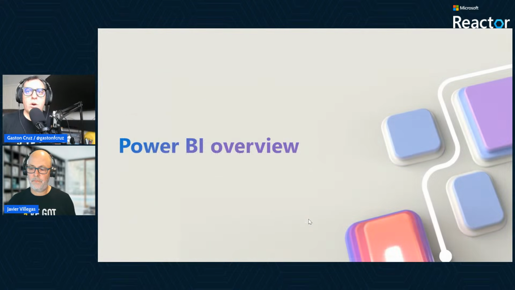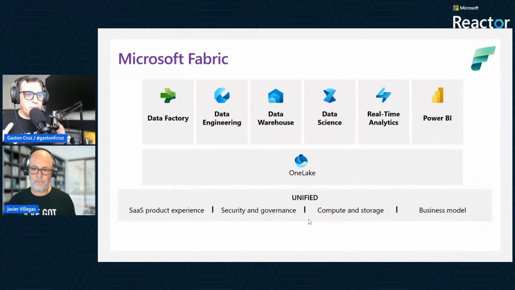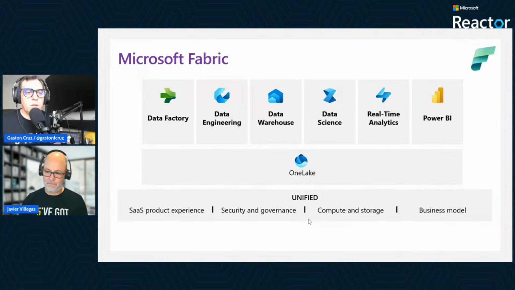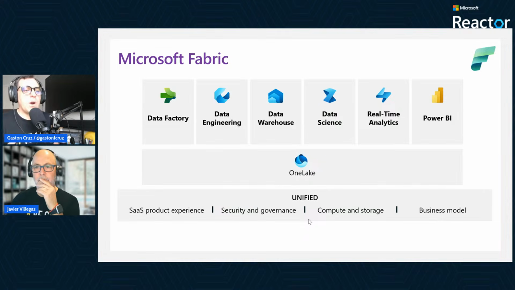So, Power BI overview. We are going to be, first of all, setting up some context here. Within Fabric as a unified platform, you have all these packets, all these workloads. So within Fabric, Power BI is one of the big members of the Fabric family. As you can see here, Power BI is one of the workloads, but you have almost 6 different workloads coming together.